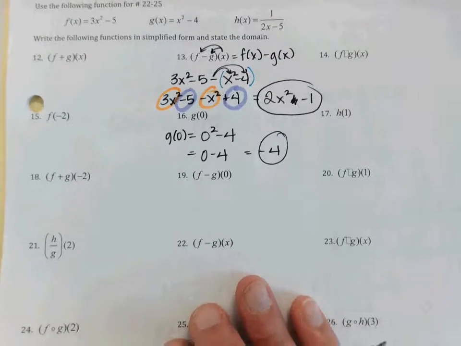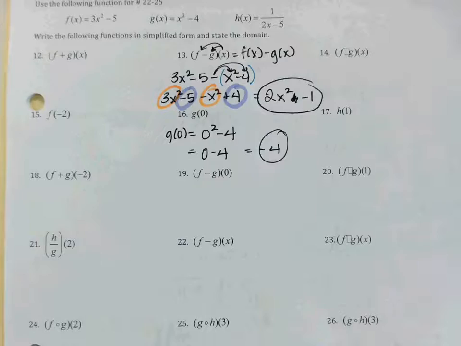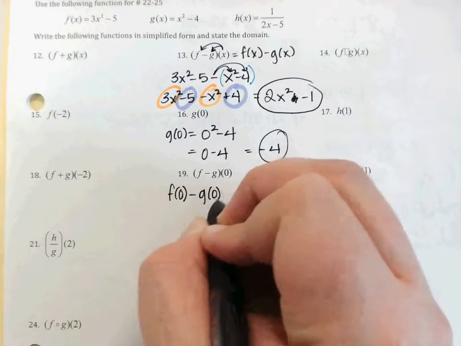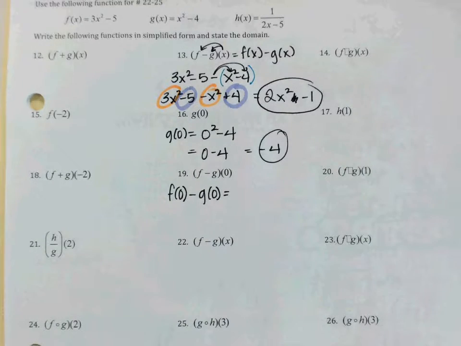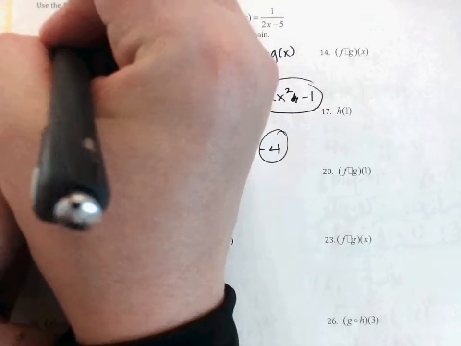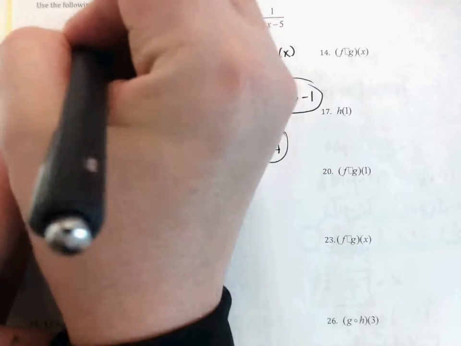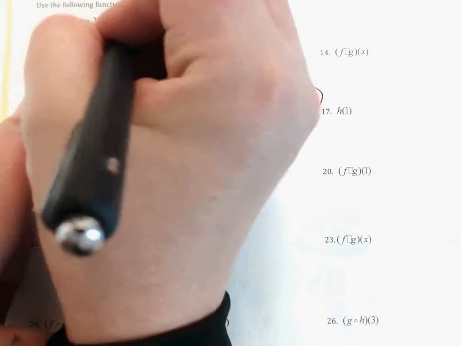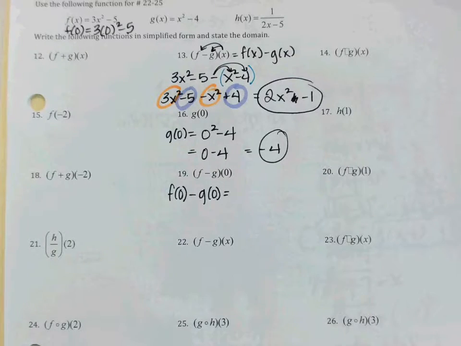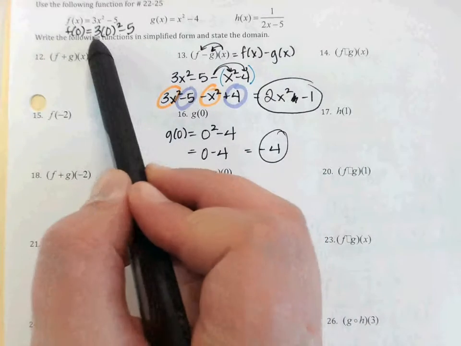Okay, look at number 19. F minus g of 0. I need f of 0 minus g of 0. Then I'll find both of those numbers, then I'll subtract them. Look at your f of 0. F is here. So f of 0, I'm going to write it up here, would have been 3 times 0 squared minus 5. But 0 squared is 0, and what's 0 times 3? 0.